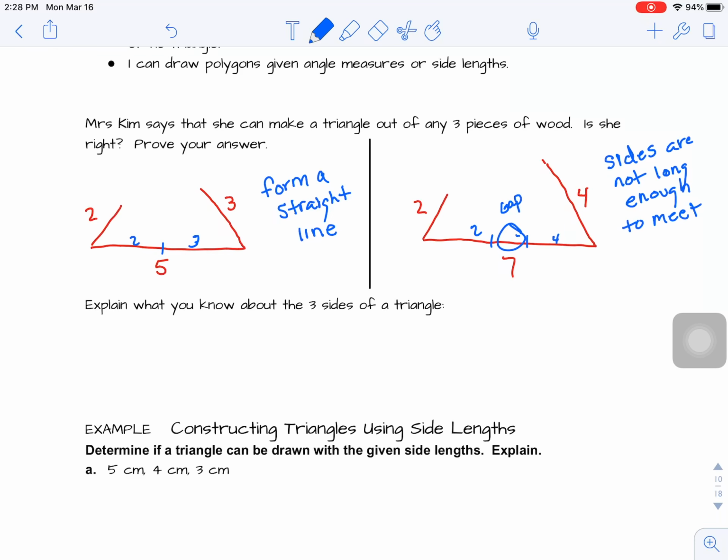So what we know is that the smallest side plus, we'll call it the medium, added together have to be greater than the longest side.